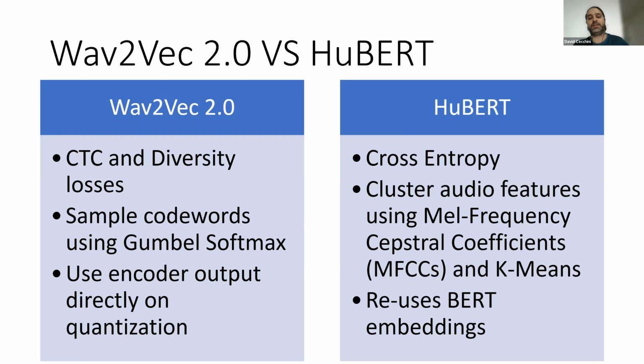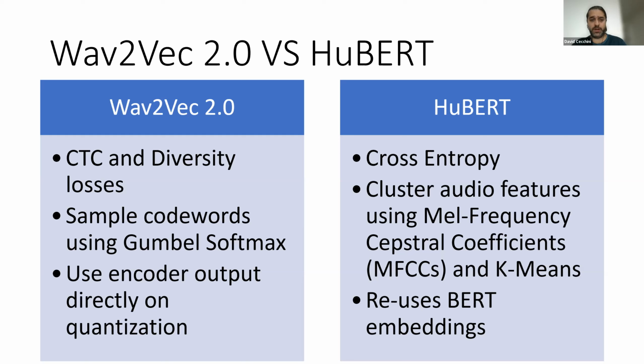So you will not get too many repeated words or too many repeated characters or phonemes out of your model. On the other hand, Hubert uses the cross entropy loss function, which is the same as the original BERT paper used, and some people say that this makes the training easier for this model.